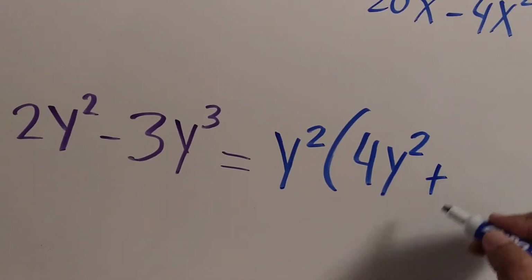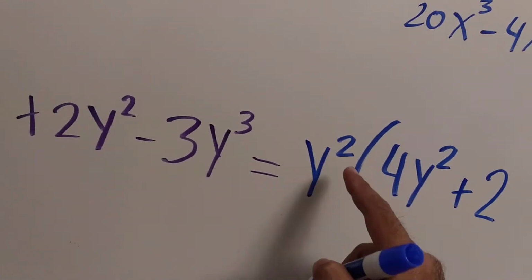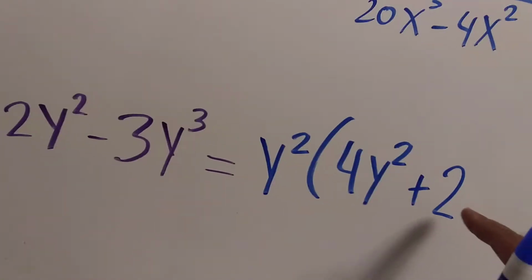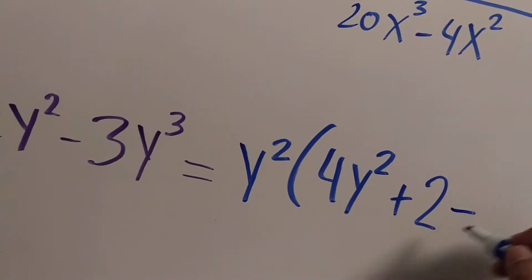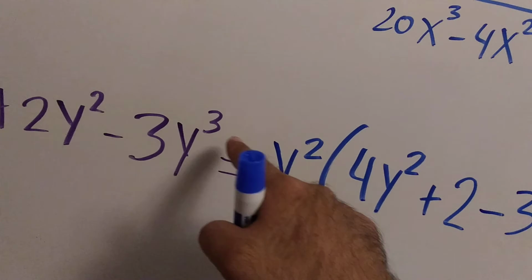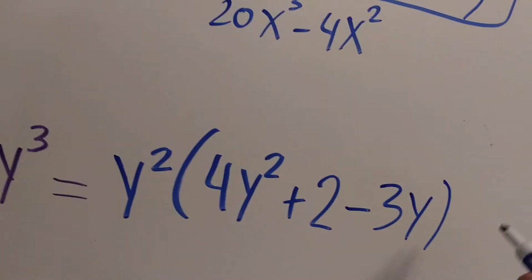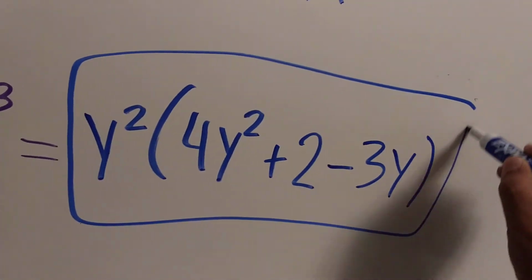We bring down our positive, and we have the 2, right? So now we took 2 away from those y to the second here, so it doesn't leave you with any variables here. And for the last one, we have 3y. You're taking 2 away from those 3, so you're only left with 1y. And our answer would be just this here.